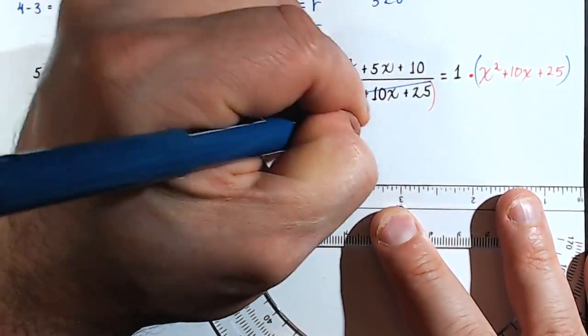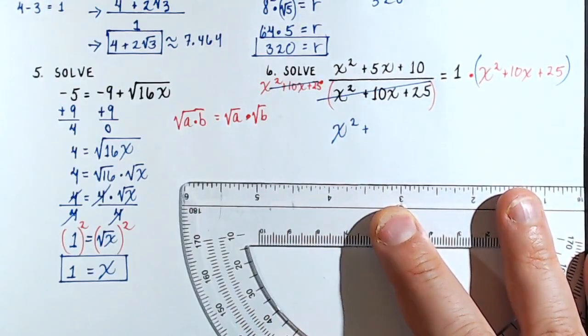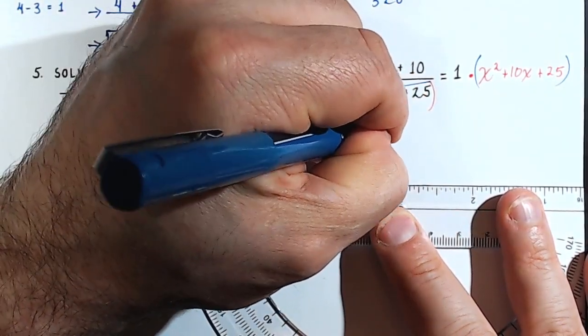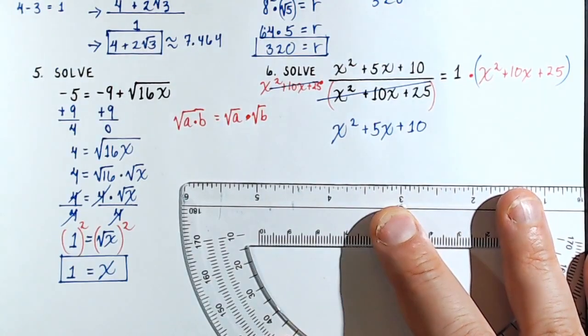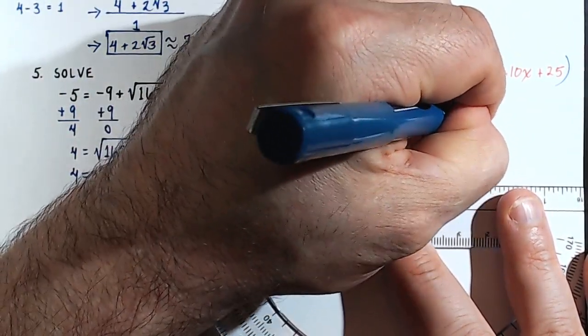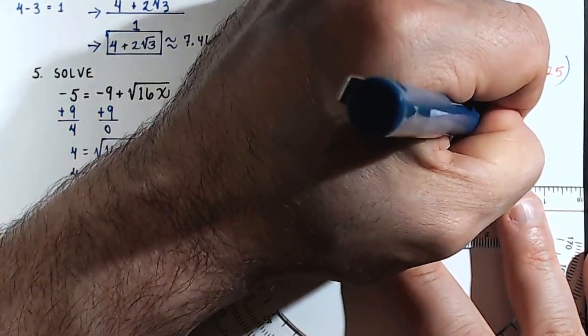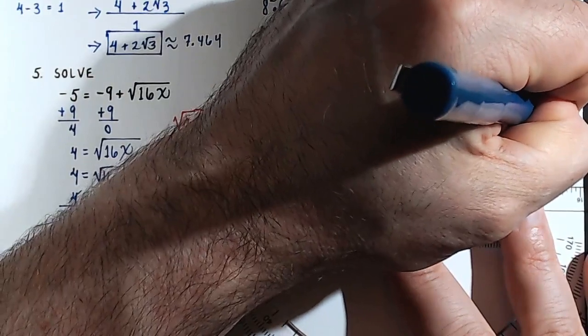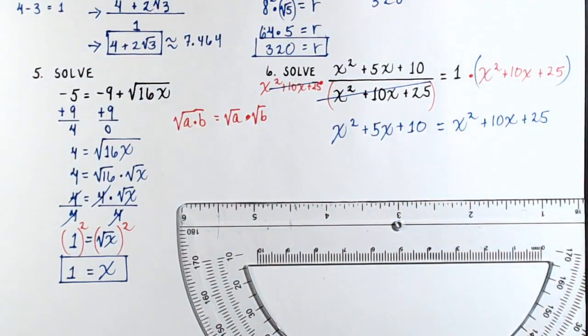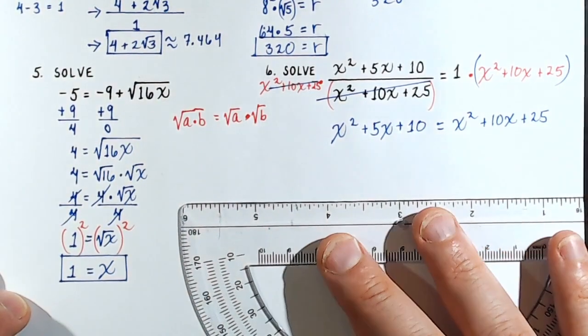Simplifying here, I'll write x squared plus 5x plus 10, because the only thing I have remaining on the left side is the numerator, equals x squared plus 10x plus 25. And now there's a process here of combining like terms.